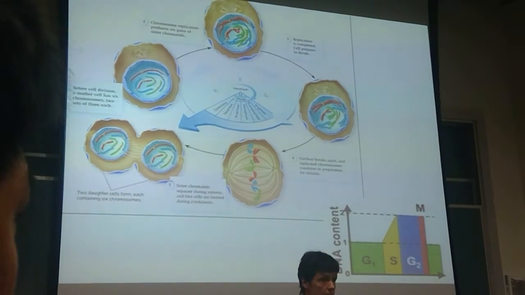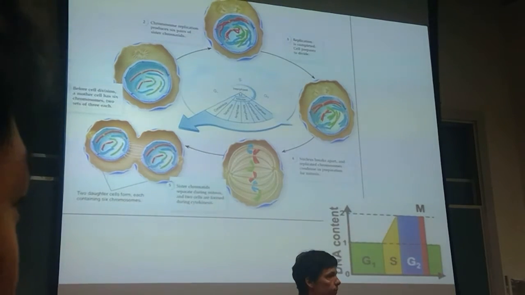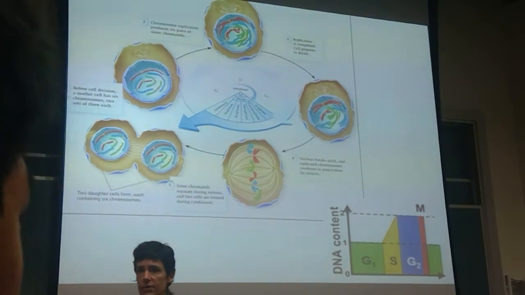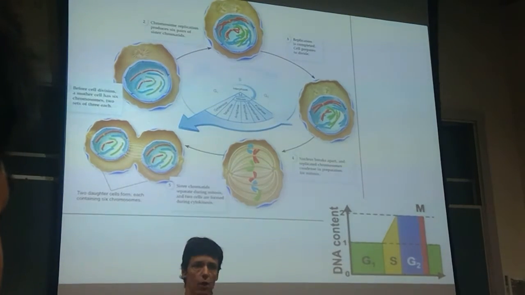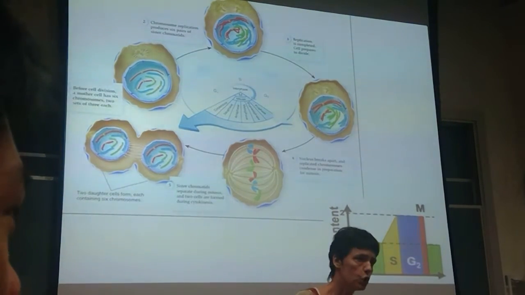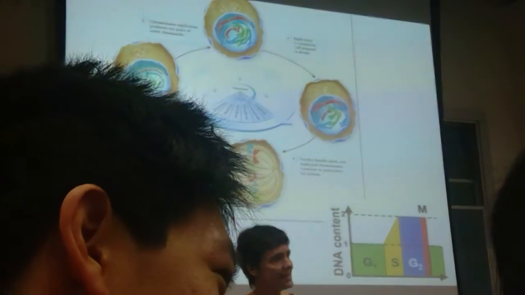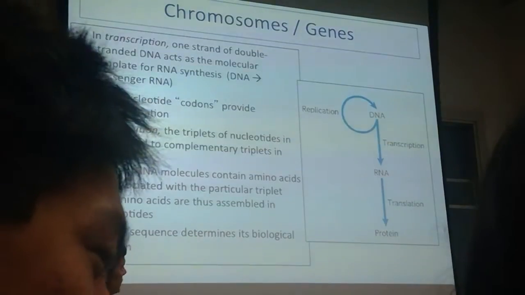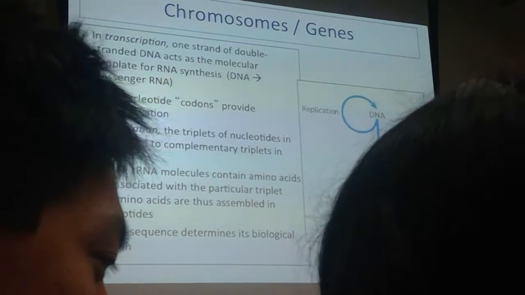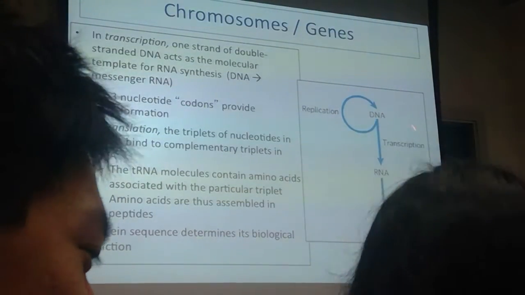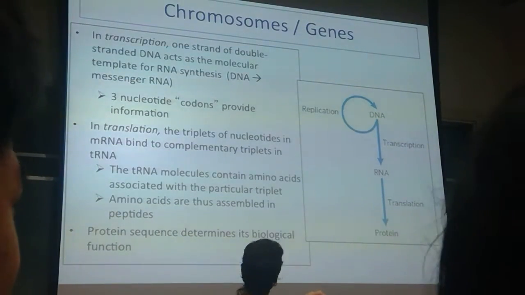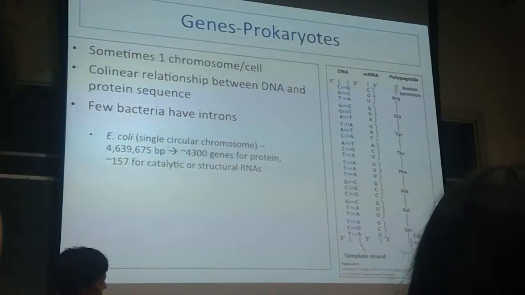But you also need it to be open in order to be able to bind protein and also to express genes, okay? So it has to go from this compact way to this uncompact. That's why you have euchromatin and heterochromatin, okay? So that's what I just said. So during replication, you need to compact. During transcription and translation, all these things need to be kind of less compact. We go back to this later.